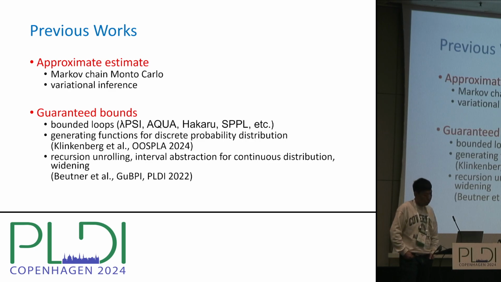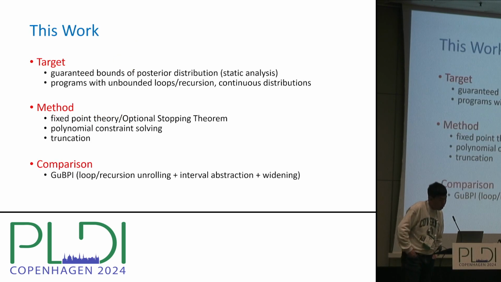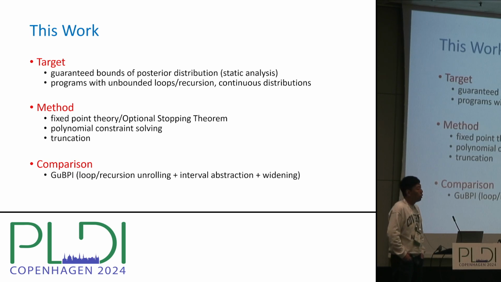We may also use recursion unrolling and try to abstract the continuous distribution via intervals, and also use widening to terminate the non-terminating cases in unrolling. This is implemented in GuBPI. So here we propose a polynomial solving method to handle Bayesian programs with unbounded loops and also continuous distributions.